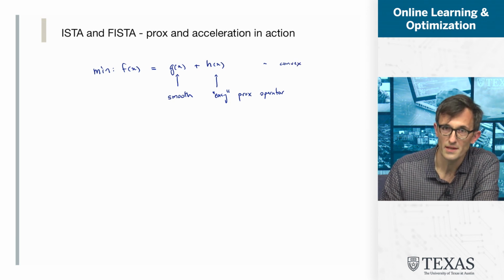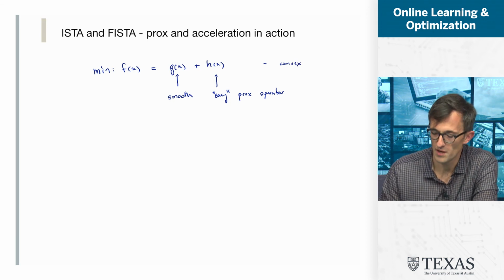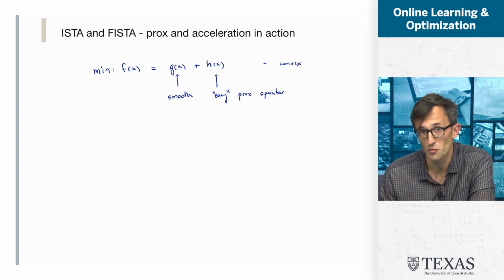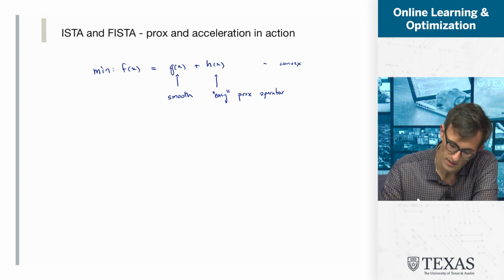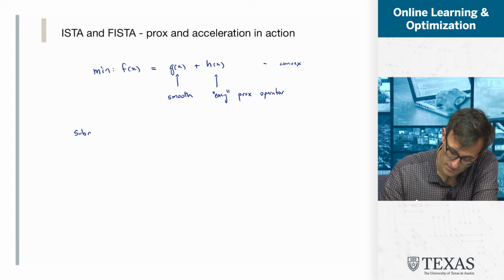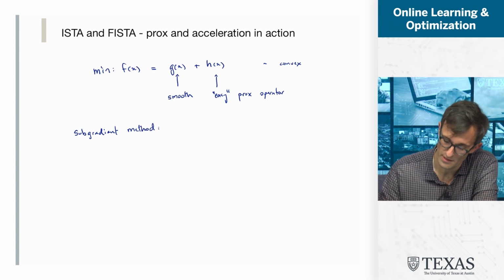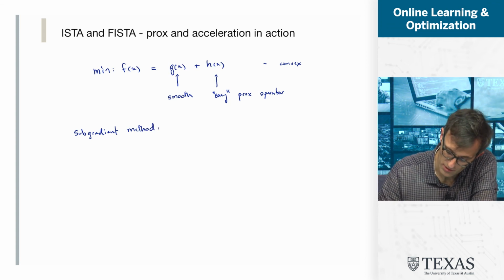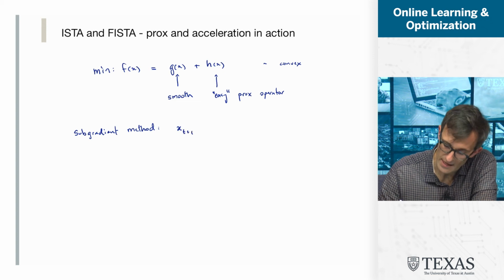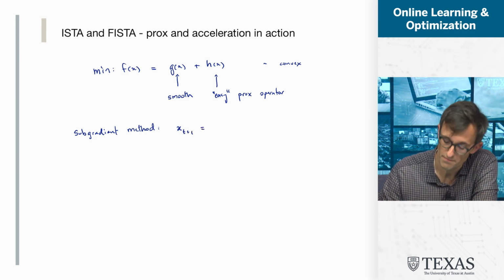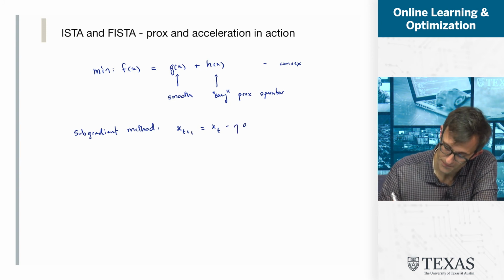Just by way of review, if we have a convex function, whether or not it's smooth, we can always use the subgradient method, which we've seen in previous lectures. The subgradient method tells me that I should update x as follows: x_{t+1} is equal to x_t minus my step size times some element.